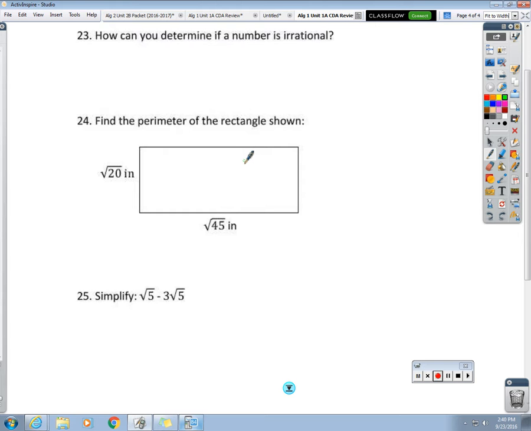Y'all got it? Nobody has told me how to find the perimeter of a rectangle. Okay, Jenny Beth. Add all the sides. Okay, well I can add this side and this side, but they didn't give me this side and this side.